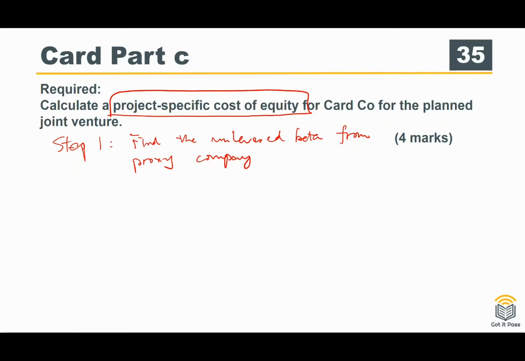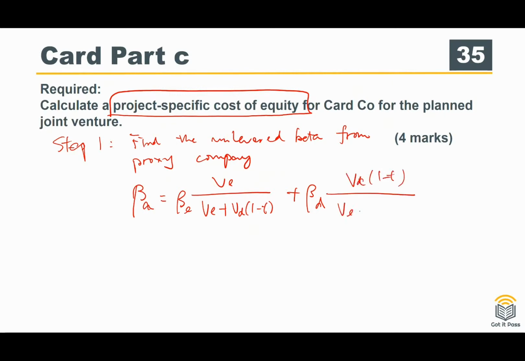So remember the formula, or you can check with the formula sheet. The asset beta is equal to the weighted equity beta, with the market value weight, which is VE divided by VE plus VD with the tax benefit, and also plus the debt beta, which is VD divided by VE plus VD.